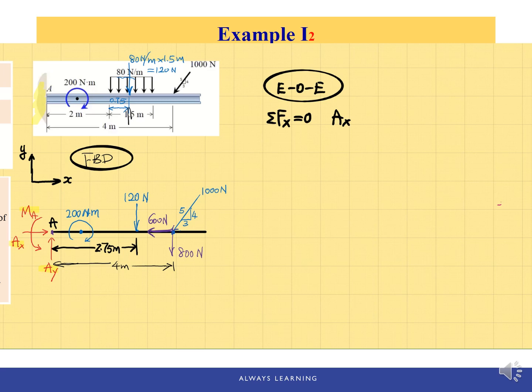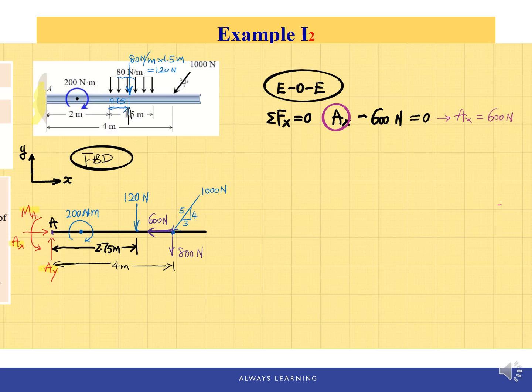And then we have another one, which will be the negative 600 Newton pointing to the negative x direction. So that's why it's negative 600 Newton. This equals 0. So that means we can already solve for Ax, and Ax itself is 600 Newton from this equation.